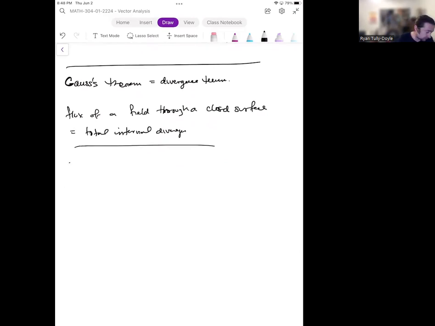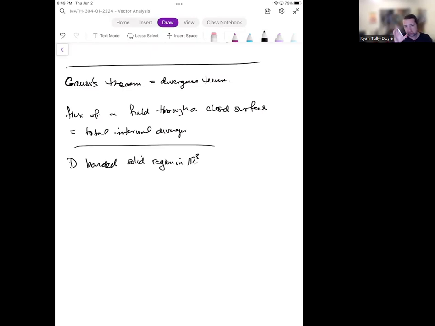with the typical set of nice conditions, D now is a bounded solid region, which just means it has a closed boundary, in R3.